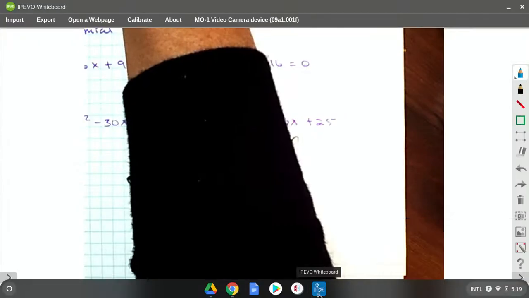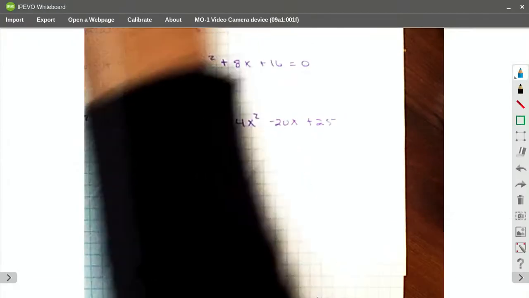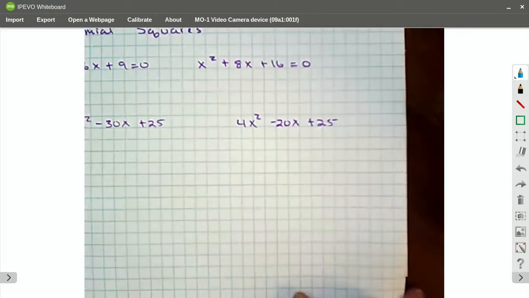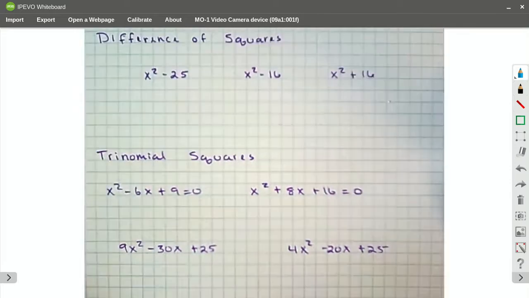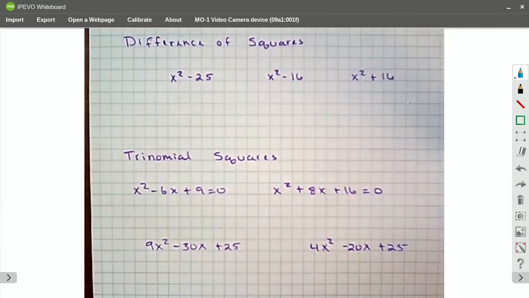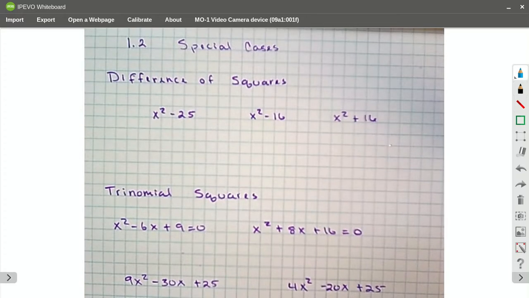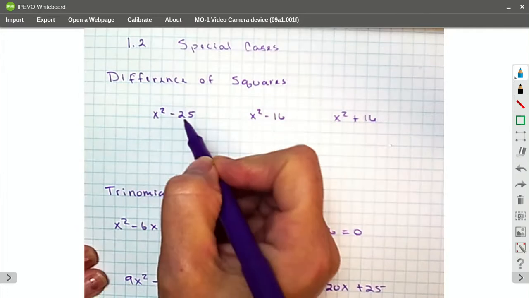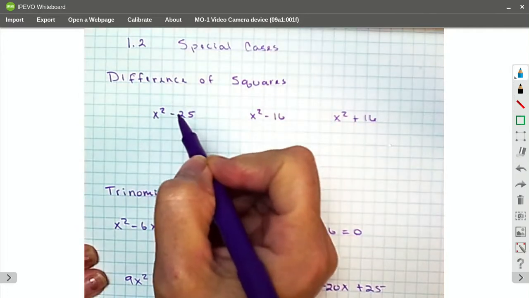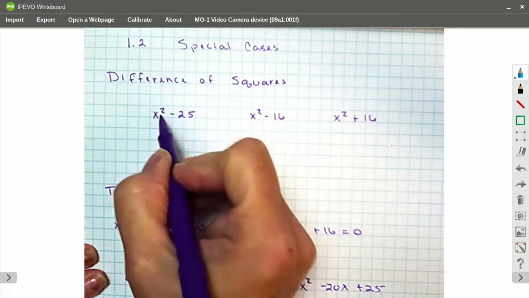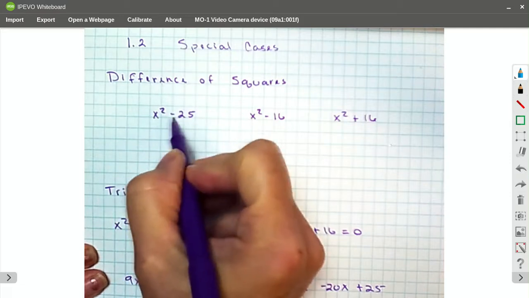Okay, so before I move on to the next method of solving, I wanted to talk about some special circumstances: the difference of squares and trinomial squares. This one you probably remember from back when I have two perfect squares and their subtraction.